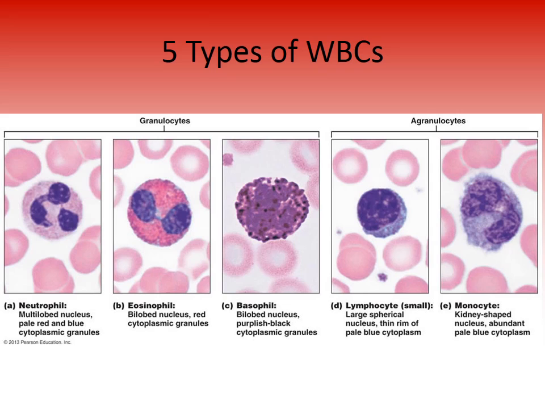Then we have our agranulocytes, D lymphocyte and E monocyte, which are easily distinguished from the granulocytes because their nucleus is shaped differently. The granulocyte's nucleus is usually lobed or segmented, whereas the lymphocyte has a very round, circular nucleus, and the monocyte has a very large blob-like nucleus.